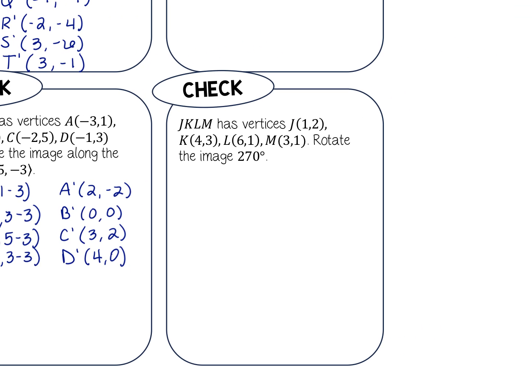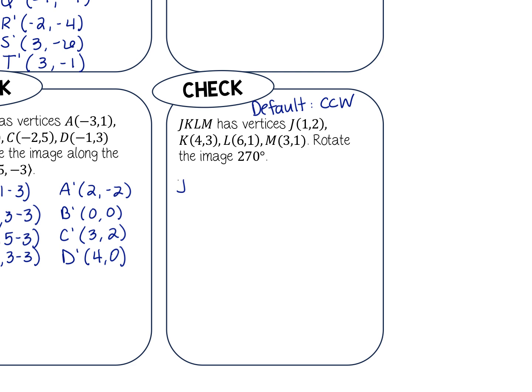All right, last column. This one is a rotation. We're rotating 270 degrees. I don't know if I mentioned earlier, but if it does not tell you a direction, it didn't matter for the 180, but for this one it does. The default direction, if you want to write this up here, is counterclockwise. So we have JKLM, rotating 270 degrees counterclockwise.